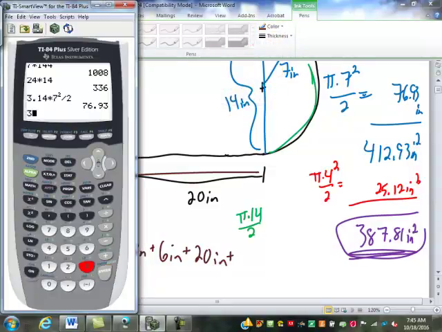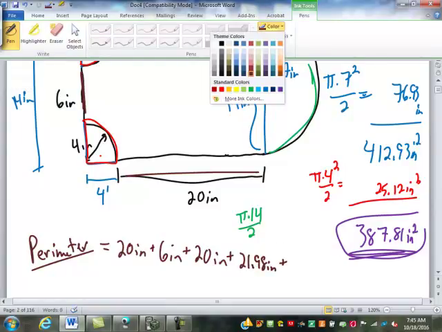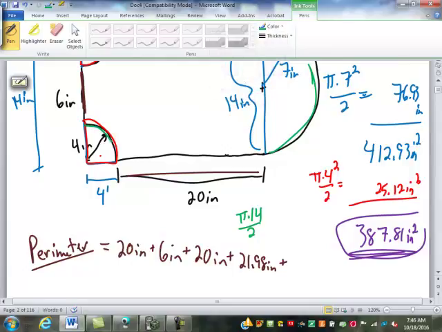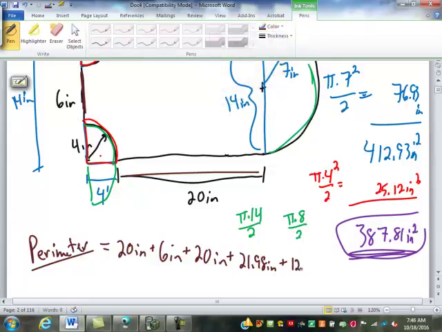So 3.14, I'm just going to multiply by 7 because that's 14 divided by 2. 21.98. Then over here, I'm once again going to combine my 2/4 circles to make a half circle that has a diameter of 8. So it's pi times 8 divided by 2 because it's a half circle. So pi times 8 divided by 2 is 12.56 inches.